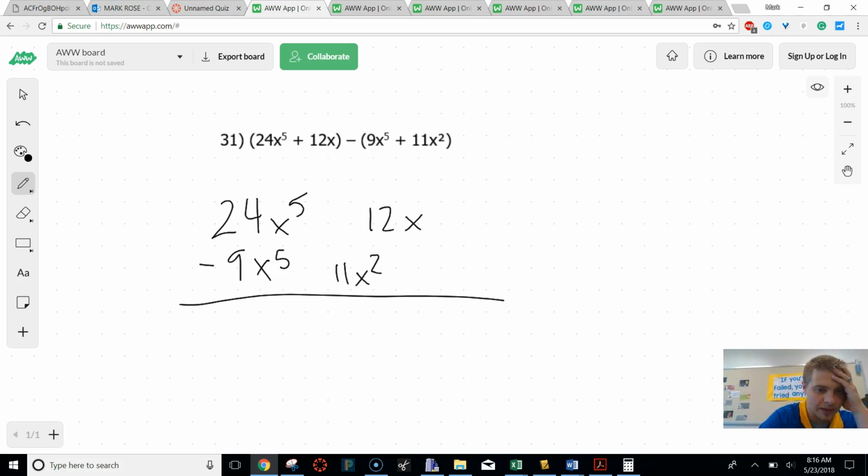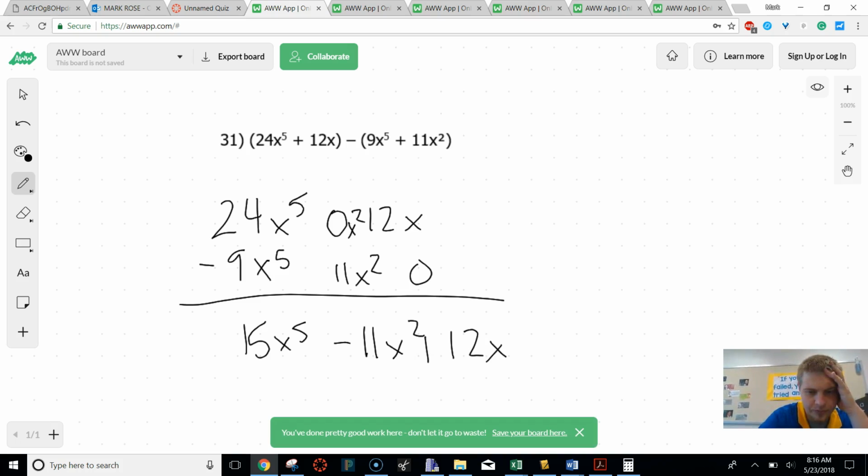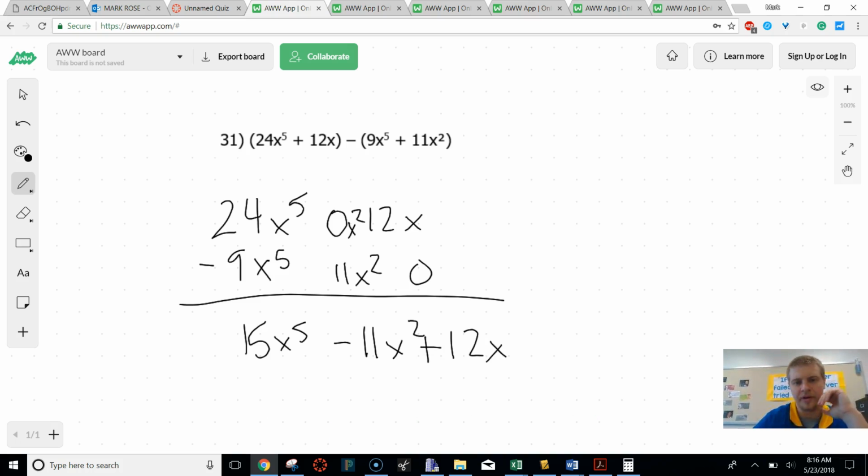Well, 24 minus 9 would give you 15. And this is like 0x squareds matched with 11. So 0 minus 11 is negative 11x squared. And 12 minus 0 would just be 12x. So that would be my final answer.